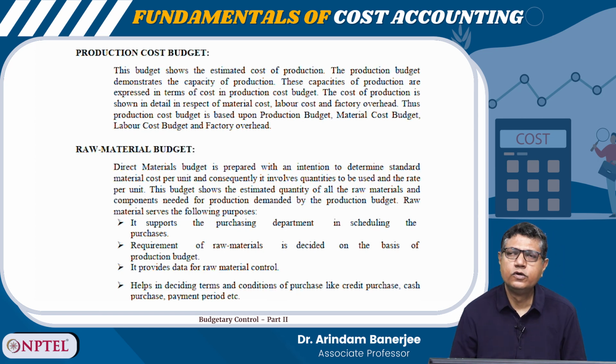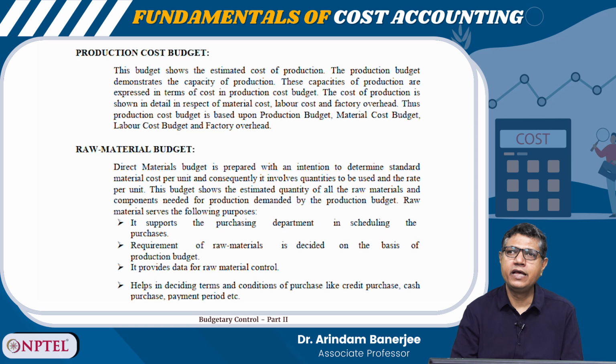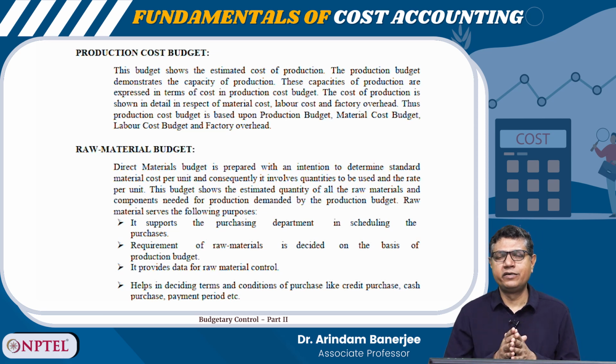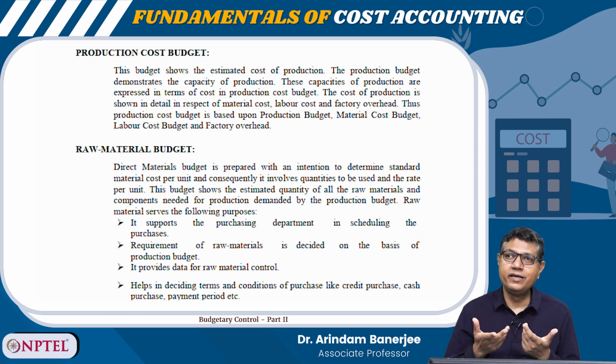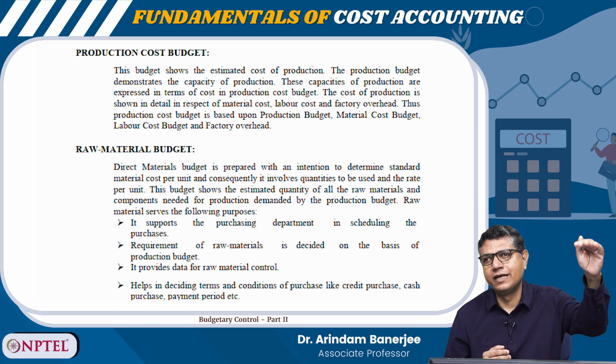So after the production budget is complete, there is a part of it which is the material budget, because when I am planning for the production, I need to find out whether adequate material is available or not, or how much material I need to procure ultimately, so that I can match the production level, and that production level should match the expected sales level.